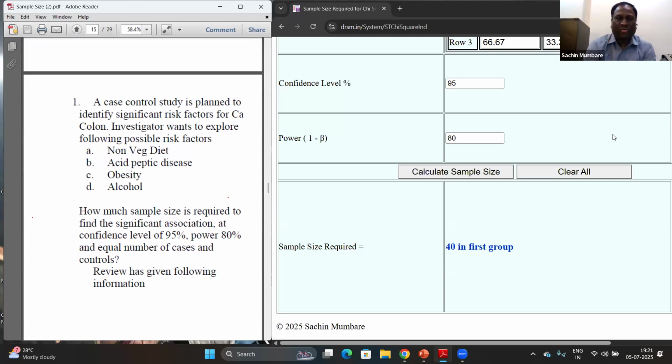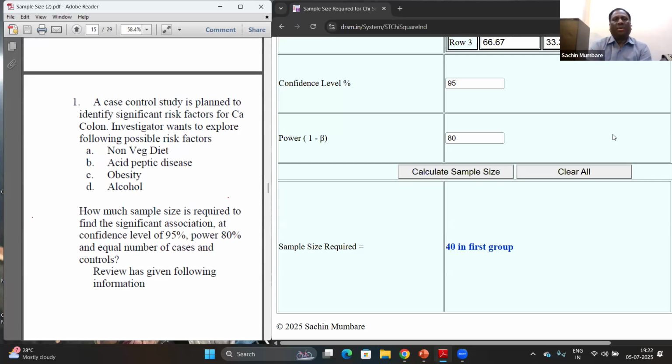This is the practical scenario, in which a case control study explores the association of multiple risk factors with the disease. Suppose this is a thesis topic: case control study to identify significant risk factors for CA colon. In this scenario, how will you calculate the required sample size?